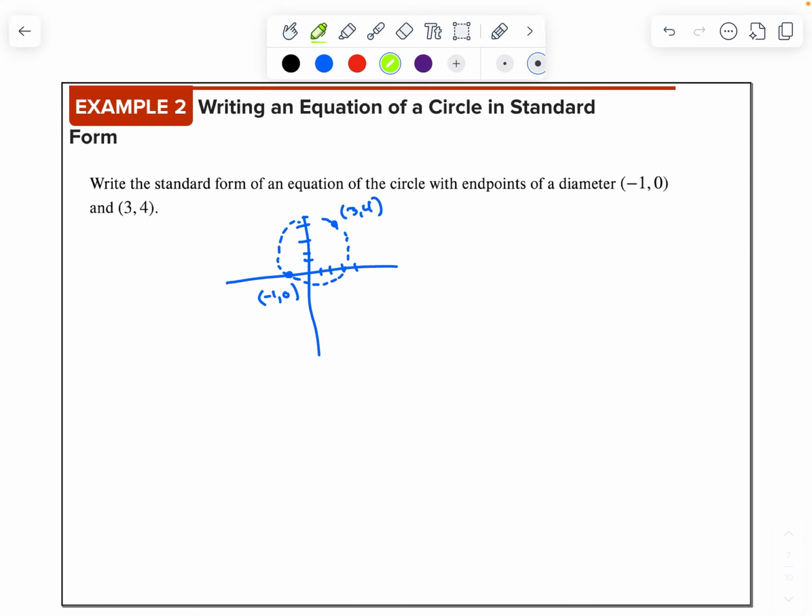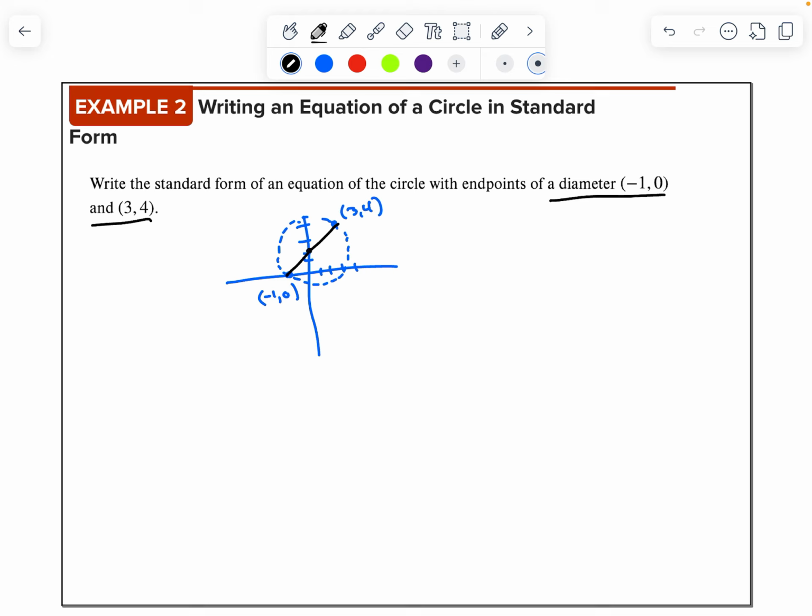This says write the standard form of an equation with endpoints of diameter negative 1, 0, and 3, 4. So I went on and drew out a diagram here. The endpoints of a diameter of a circle goes all the way across the circle, right? If we know the diameter, what we need to know to write out the circle's formula is the center and the radius.